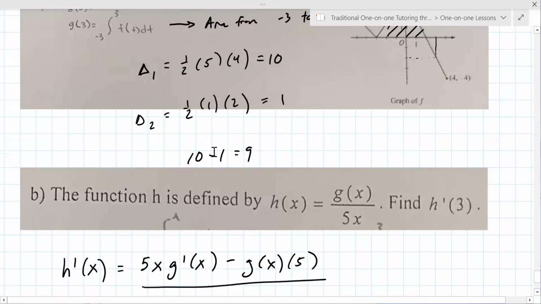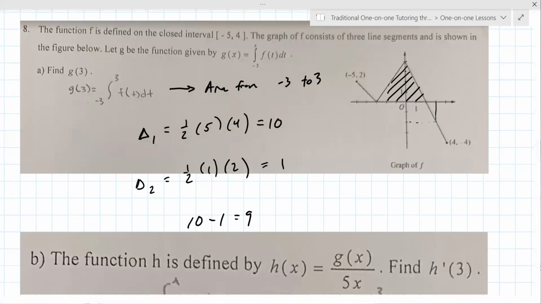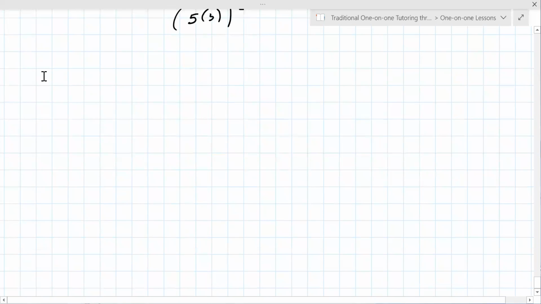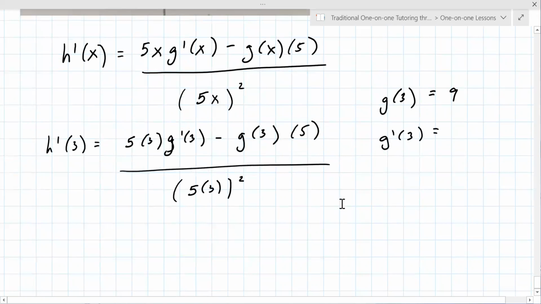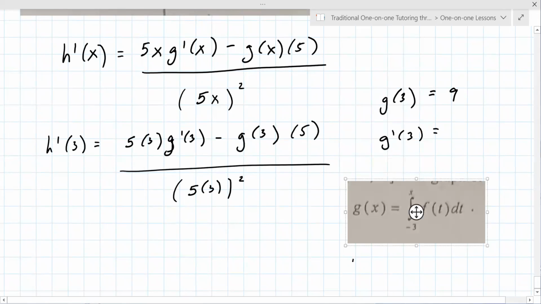Yeah. Okay, so if we go back to what is g of x, actually, let me slip this in. See if I can get it down here. Okay. All right, so g of x is this. So g prime of x means you're going to take d dx of the integral from -3 to x of f of t dt.